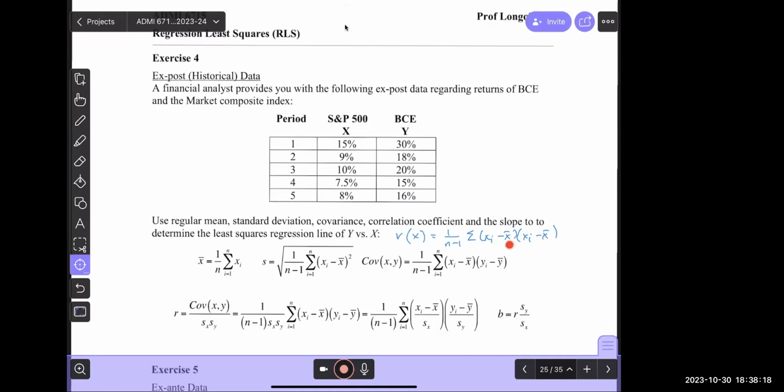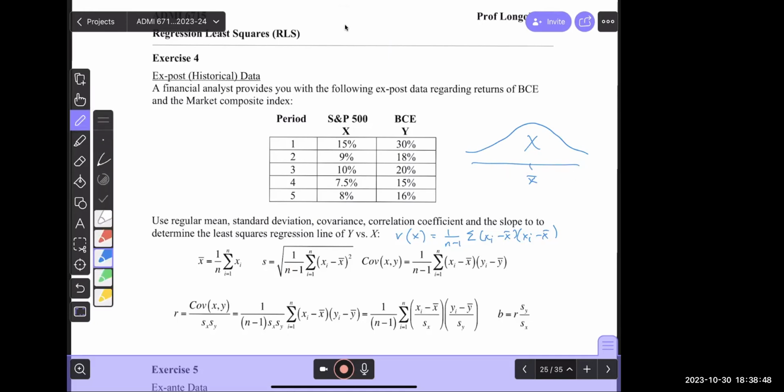Sound familiar? I just talked about that with the correlation as well, or the prediction line. So because the mean is closest to all the points, let's say I have a distribution that looks like this, and this is X, and I calculate the mean, and then I want to calculate a measure of dispersion, a measure of spread around the mean.